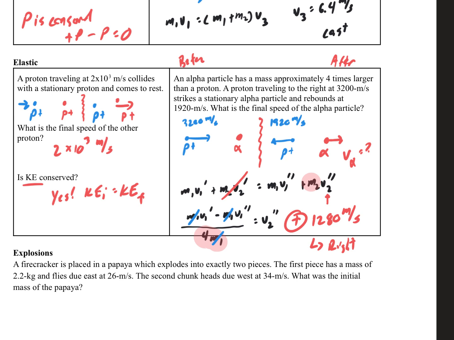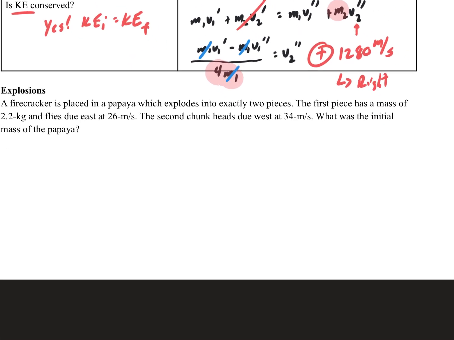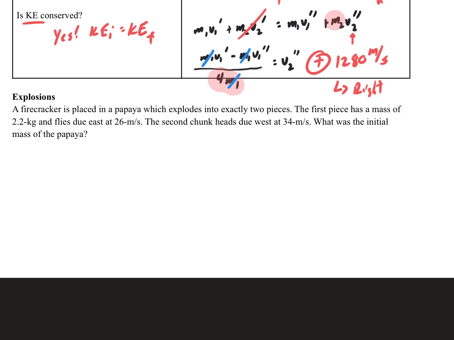The last type of collision is basically an explosion. So an explosion is just an example of conservation of momentum, right? So here's my papaya. The initial momentum of this guy ends up being 0. What happens is the papaya has exploded, and so now these two pieces are going in opposite directions.